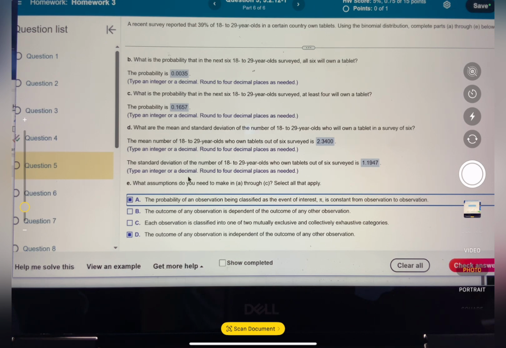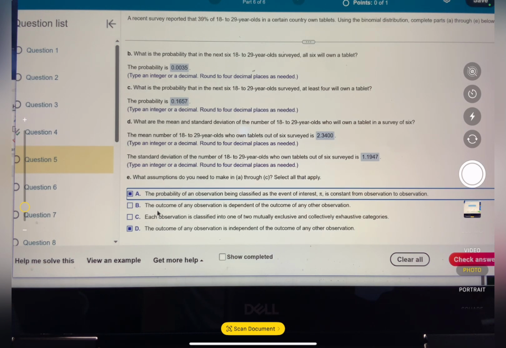Okay, that's a case. Next, the outcome of an observation is dependent on... no, outcome cannot be dependent. Outcome is independent. Okay. Next, each observation is classified into mutually exclusive categories. Yes, they are independent and mutually exclusive.